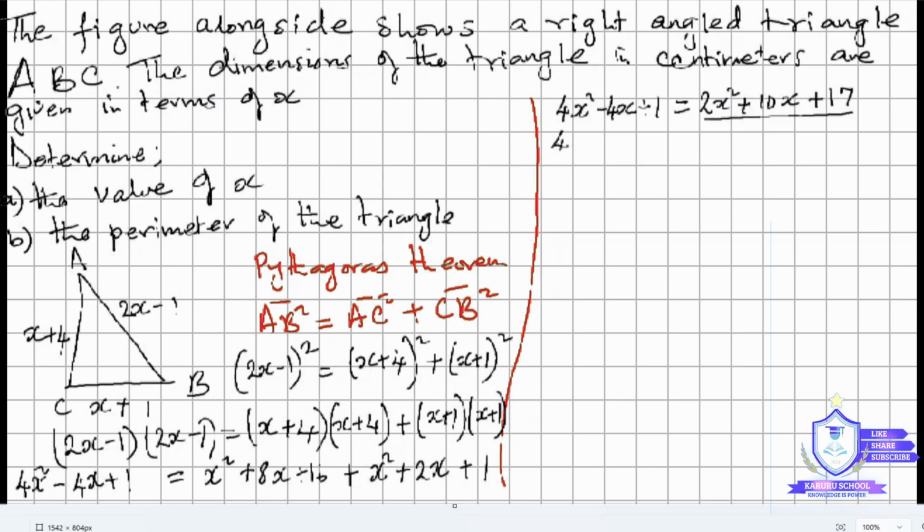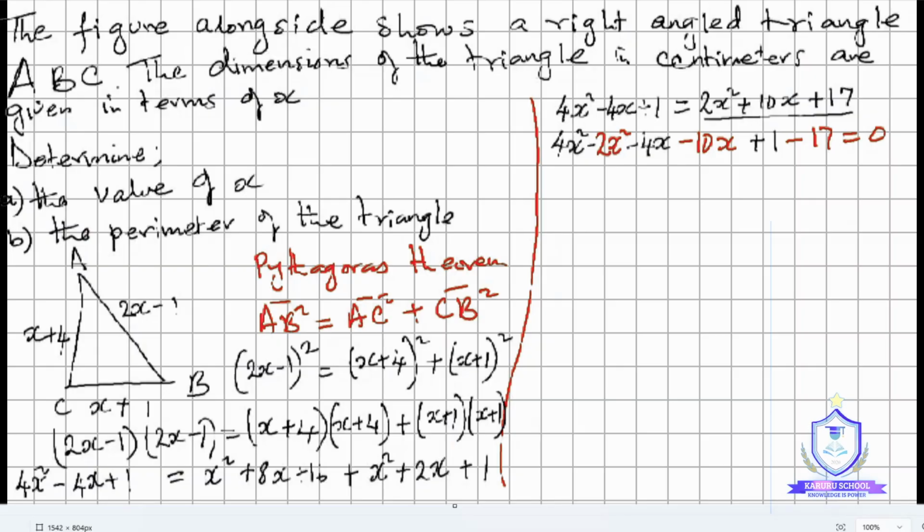So we will have 4x squared minus 2x squared, and then we have minus 4x minus 10x, and then we have plus 1, and then minus 17, which is equal to 0.